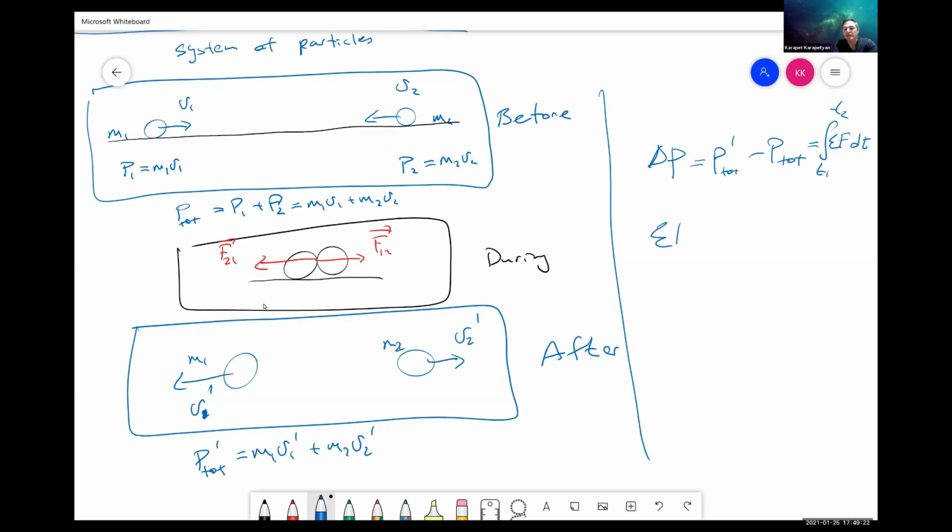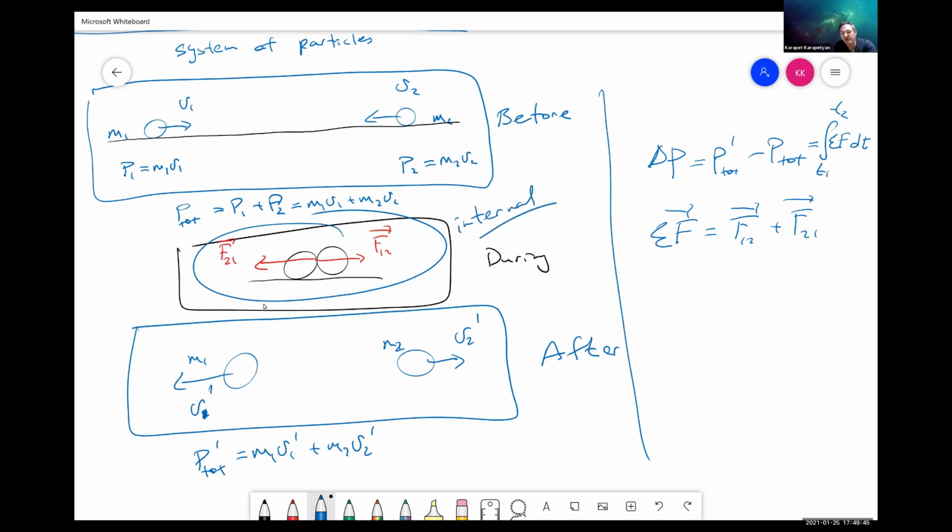Now let's look at what my net force is. My net force here is F12 plus F21, which are the forces acting in the system during the collision. Those two forces are forces inside my system, so they are known as internal forces.